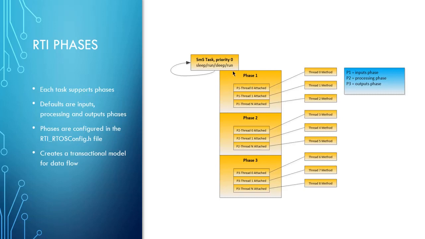The way that they work is each task also has a group of phases based on what's in this configuration file. And when you attach a thread, for example, if it's a periodic thread, you also specify which of these phases you want it attached to. So we've now added the ability to create a transactional model for data flow.